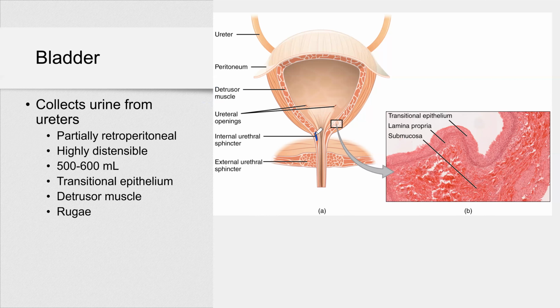Now over here, this muscle becomes kind of circular, and this is the internal urethral sphincter. So when the muscle contracts, it closes the urethra, so you don't urinate. And this is called the urogenital diaphragm. This is skeletal muscle, and it also has a sphincter, the external urethral sphincter.